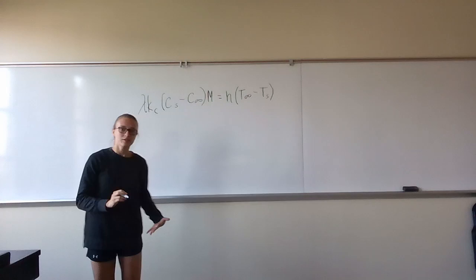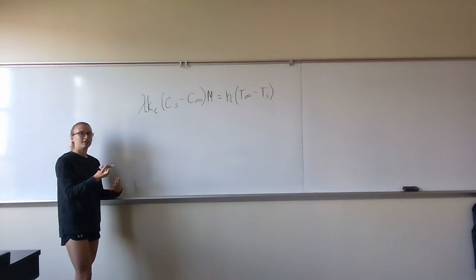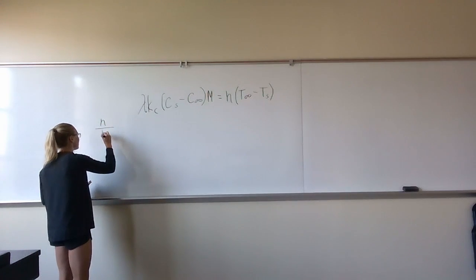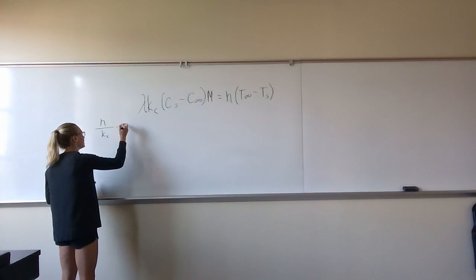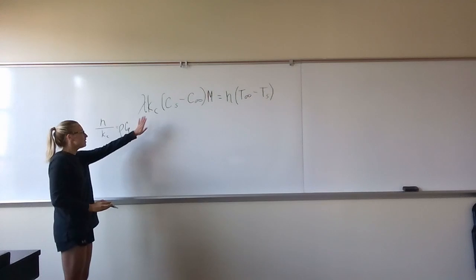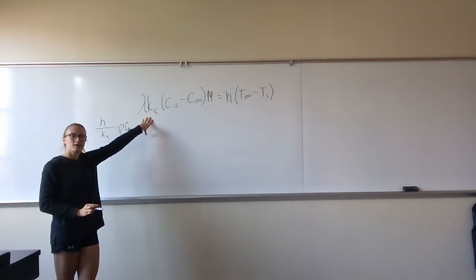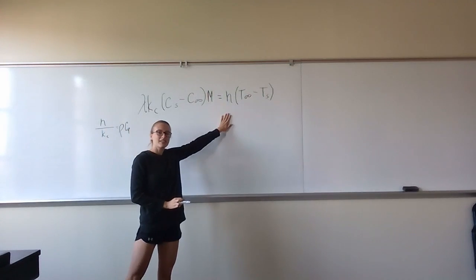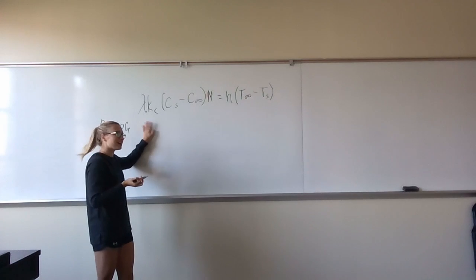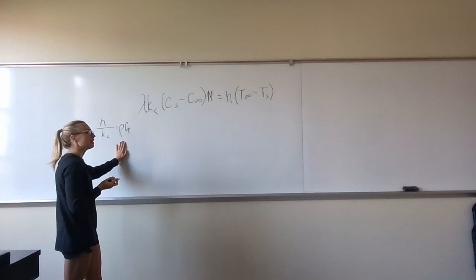So the Lewis relationship that we established in the last part of the exam was the heat transfer coefficient over the mass transfer coefficient, Kc, is equal to the volumetric heat capacity, rho Cp. So we see on this side of the equation we have the mass transfer coefficient, and on this side we have the heat transfer coefficient. So we can divide each side of the equation by the mass transfer coefficient, and then use the Lewis relationship to sub in the volumetric heat capacity.